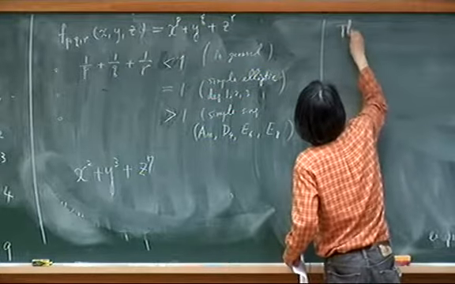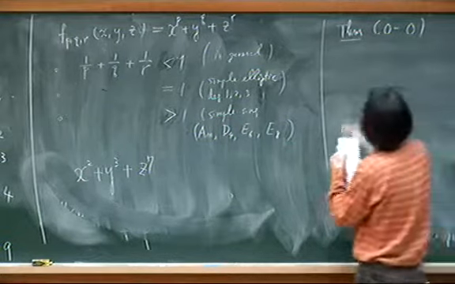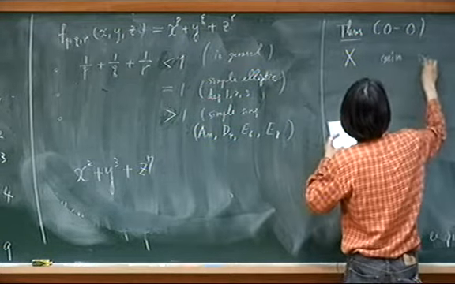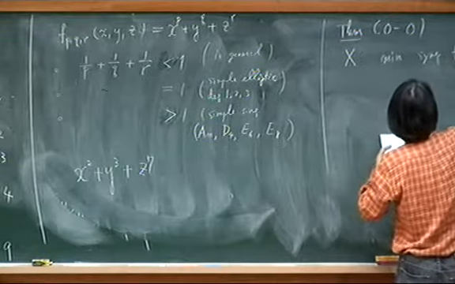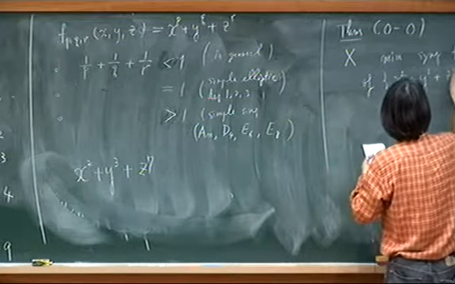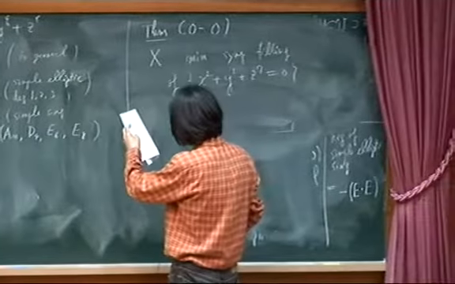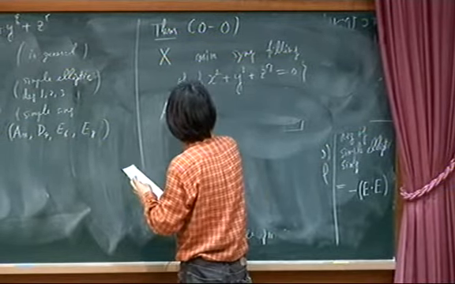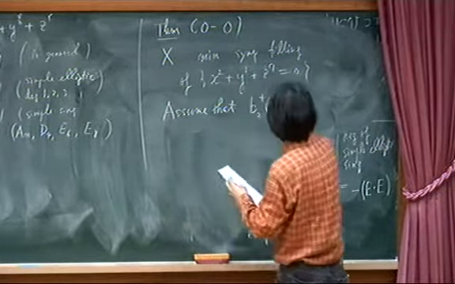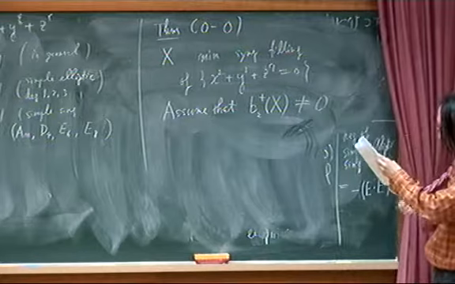So the theorem: let X be a minimal symplectic filling of the singularity x^2 + y^3 + z^7 = 0. Assume that B2 plus of this is non-zero, so in particular it is not a minimal resolution of the singularity.